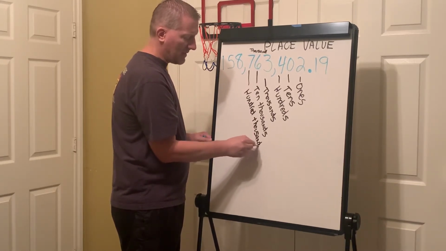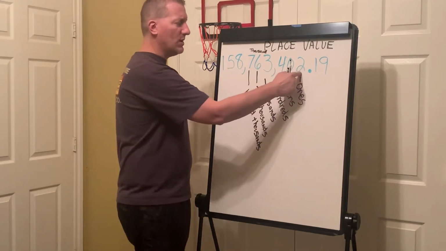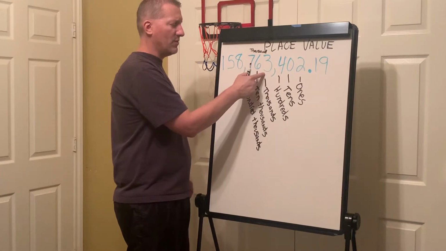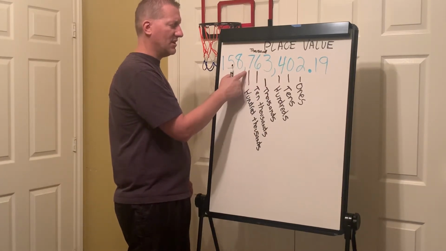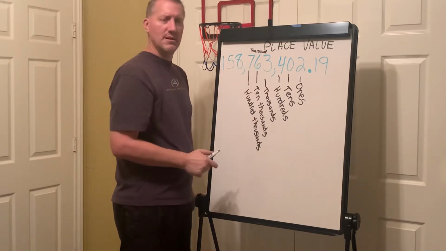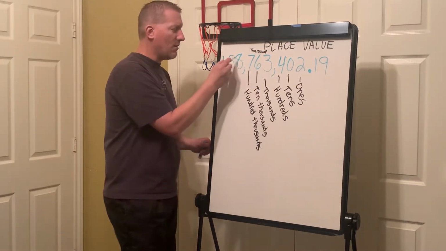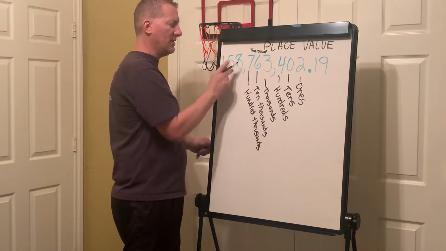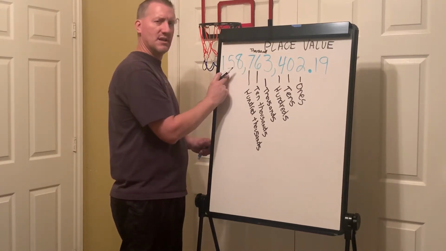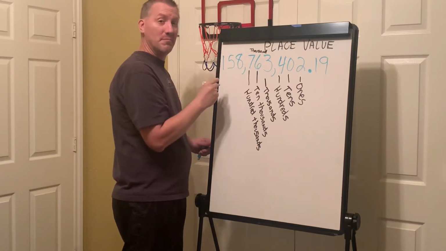So that's what I like about place value. Once you get to know these ones, tens, hundreds, it's the same pattern. 1,000s, 10,000s, 100,000s. Ones, tens, hundreds. Again, same number pattern. Now, when you get to the next number period, what is that number period called? After the thousands comes the millions.